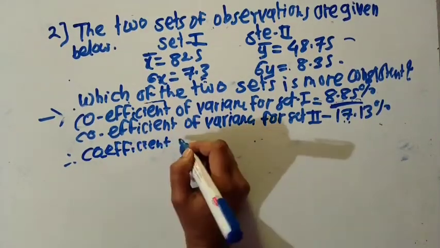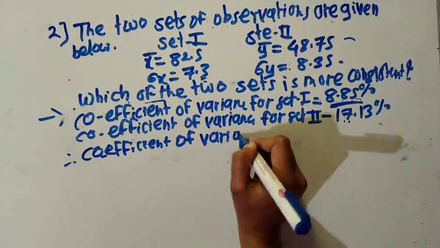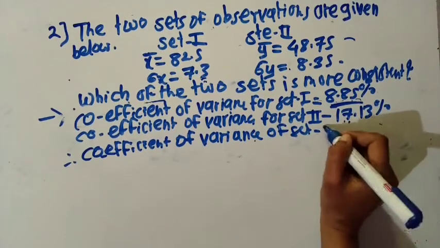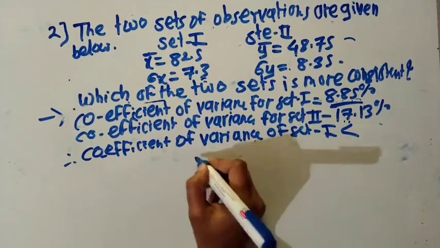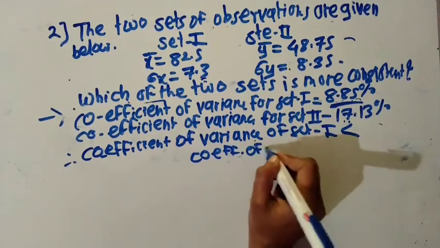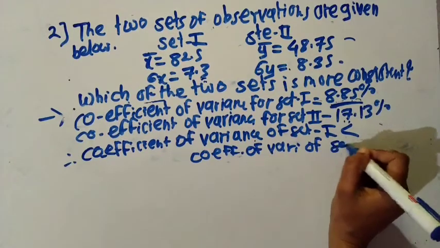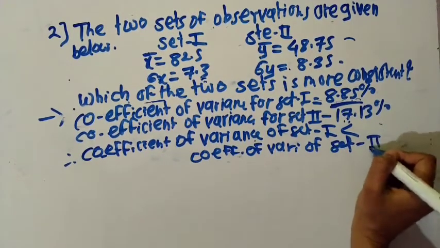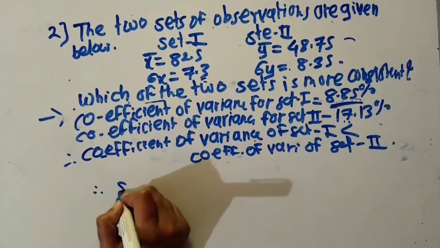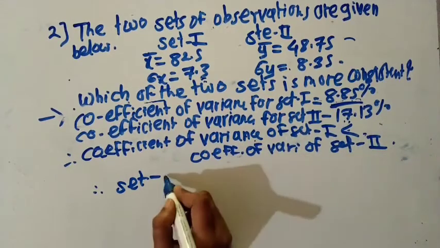the coefficient of variance of set 1 is less than the coefficient of variance of set 2. Hence set 1, whose value is less, is more consistent.